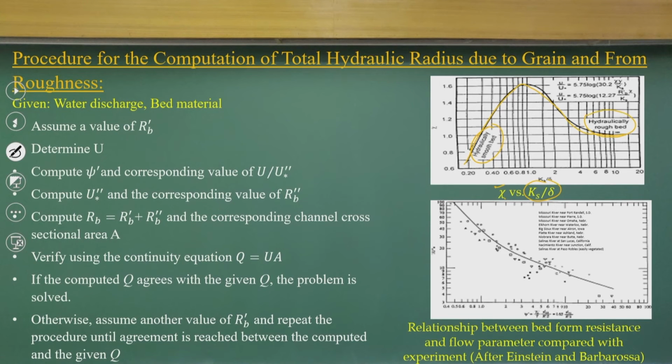Xi's values vary from 0.6 to 1.6, and it becomes 1 when you have ks by delta. Delta stands for the thickness of the laminar sublayer. That is the highest xi factor we consider, and then it comes back to the value of 1 when you have hydraulically rough beds.